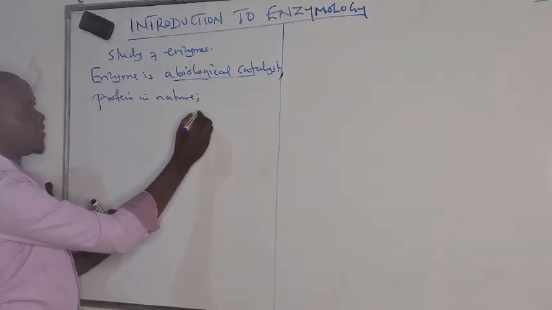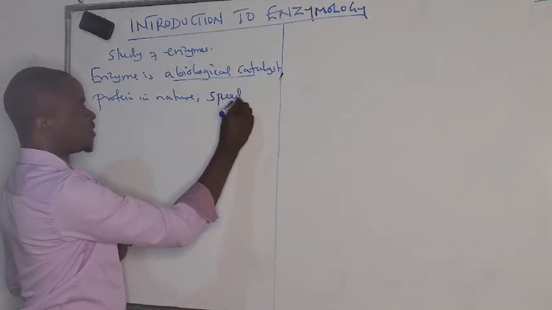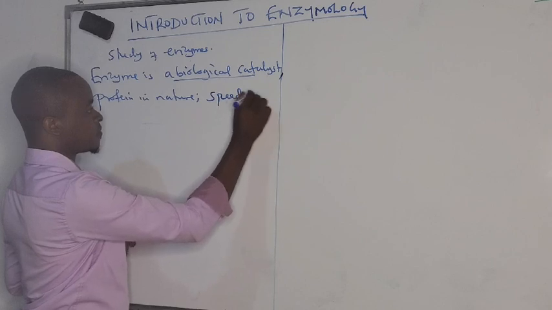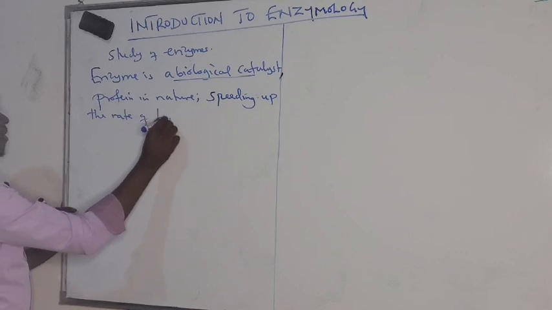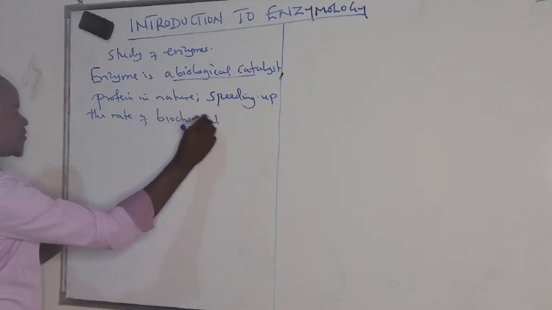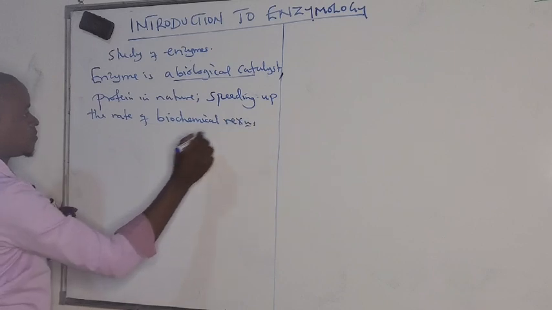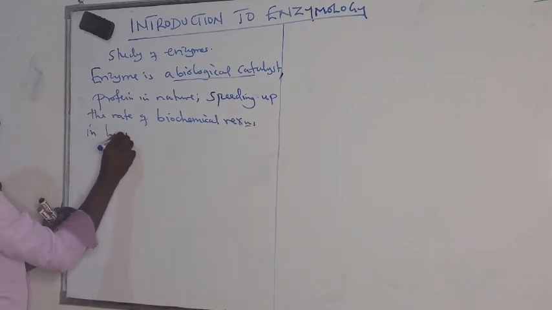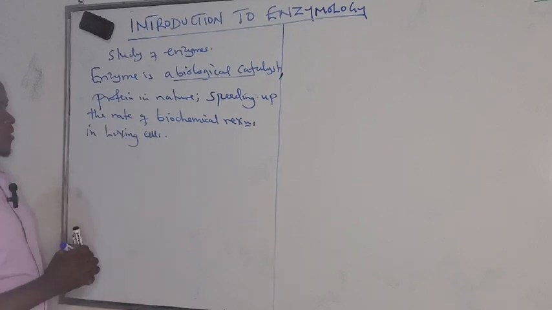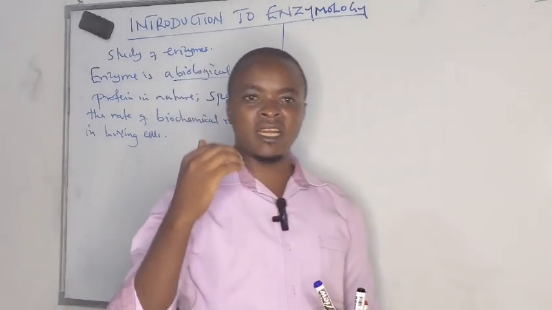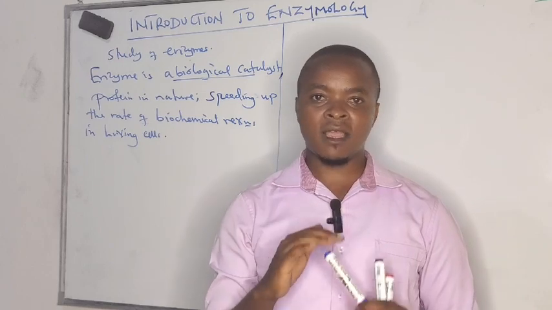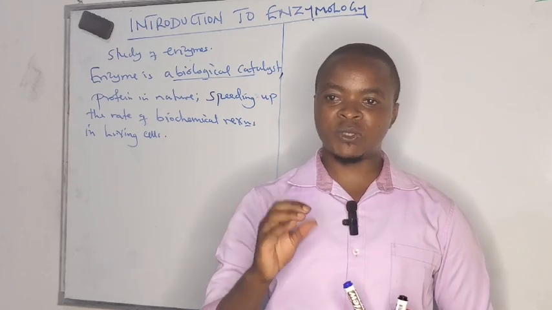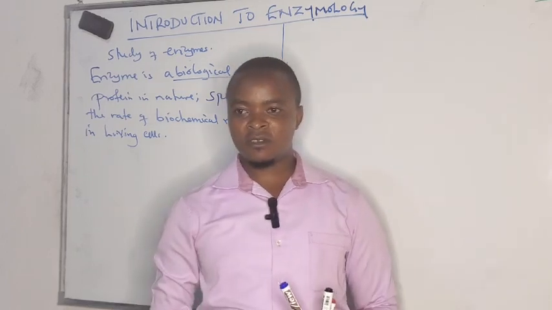So these enzymes are responsible for speeding up the rate of biochemical reactions in living cells. That's why we call them biological catalysts. They are protein in nature, and they speed up the rate of biochemical reactions.